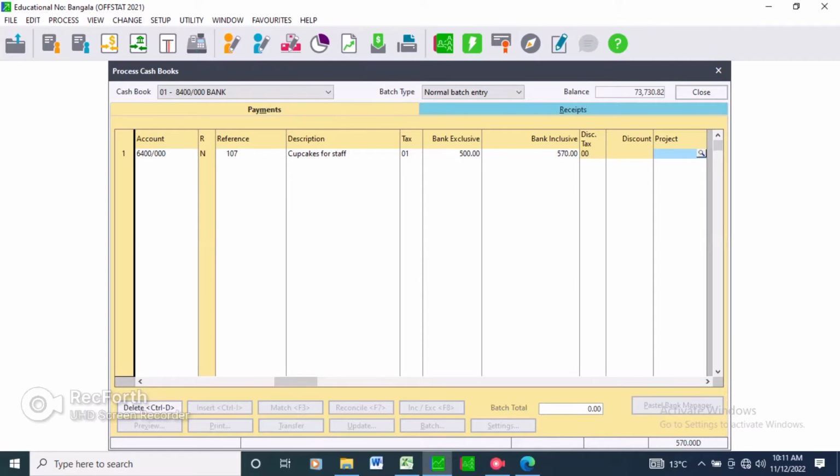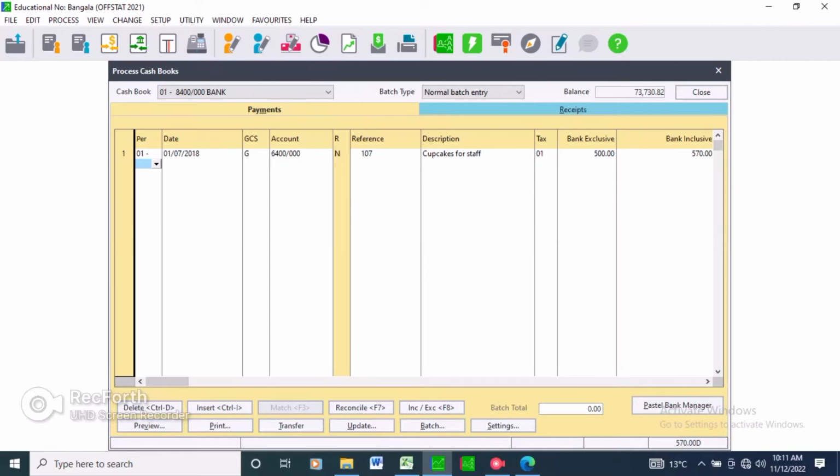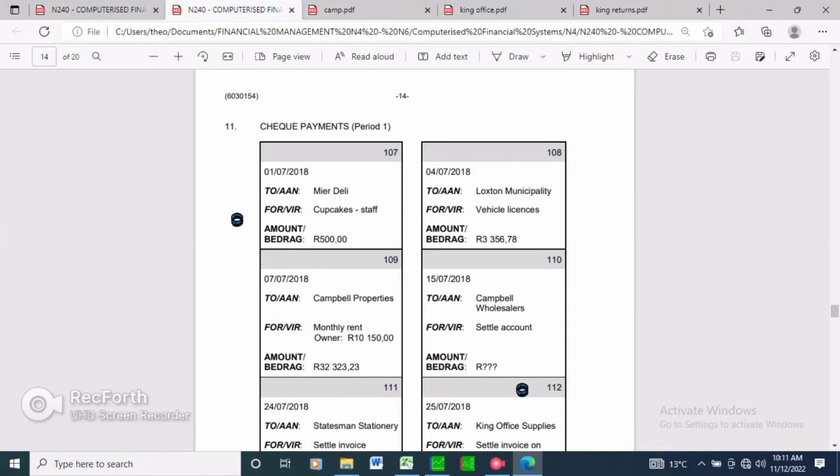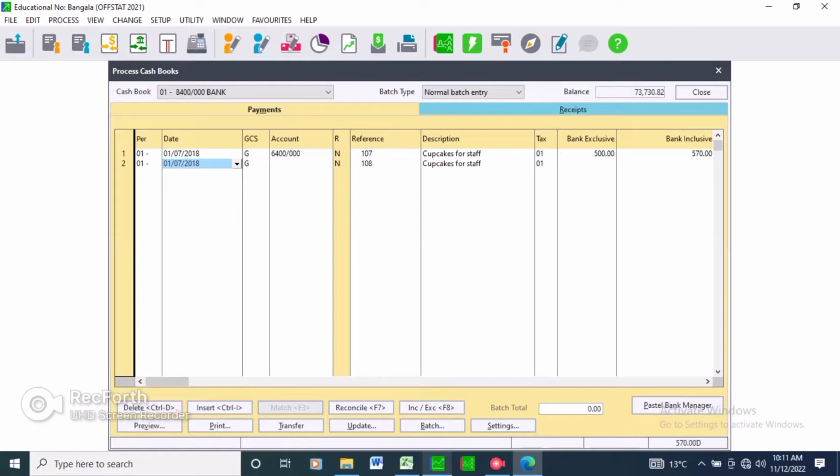Follow according to your date, guys. As you can see, the first one is on 04/07/2018. The account name is municipality, for vehicle licensing.